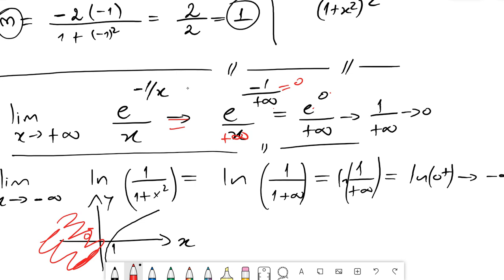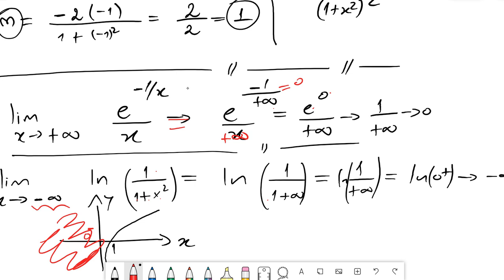Now to minus infinity, we have ln of 1 over 1 plus x squared. Minus infinity to the power of 2, that will be plus infinity, 1 plus infinity, that's plus infinity. 1 over plus infinity, that's 0 from the right side, plus, so that's ln of 0 plus, so that will be minus infinity.